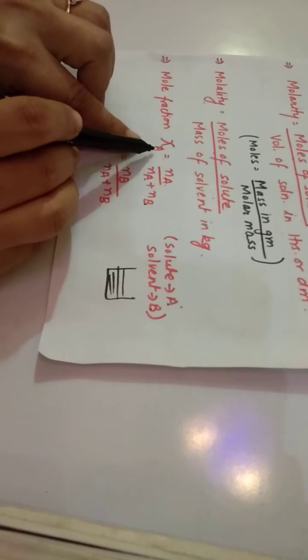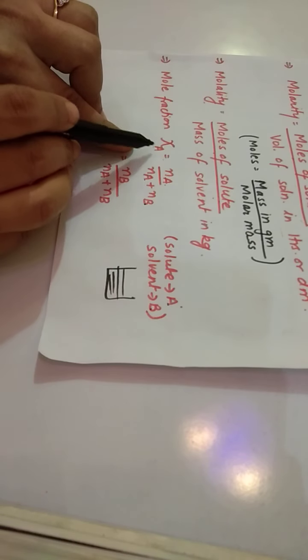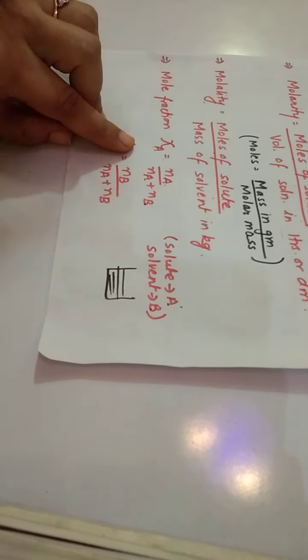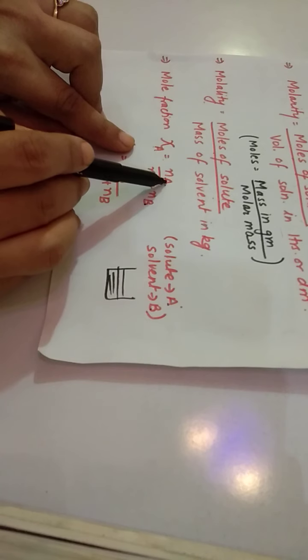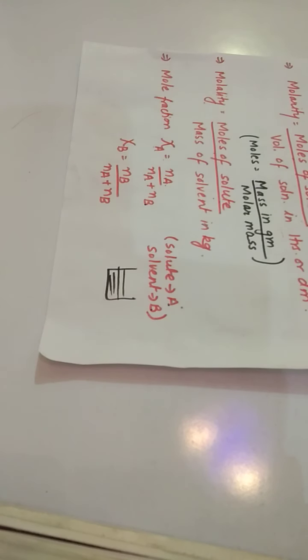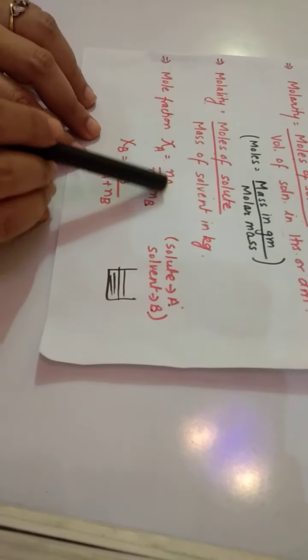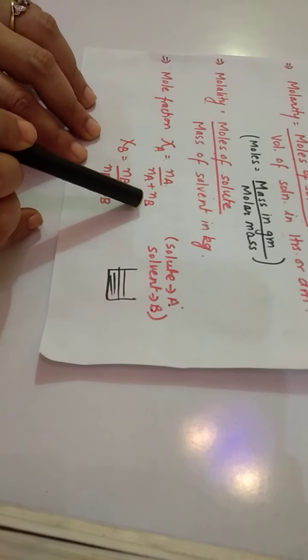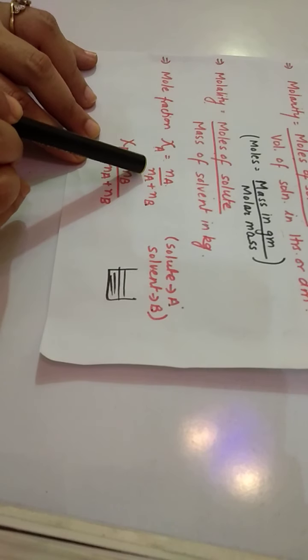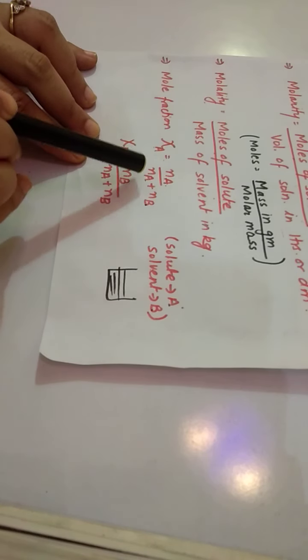Children, the one whose mole fraction is to be calculated, that one's number of moles should be in the numerator. So the formula is: mole fraction of A is equals to number of moles of A upon number of moles of A plus number of moles of B. That is the total number of moles of the solution.